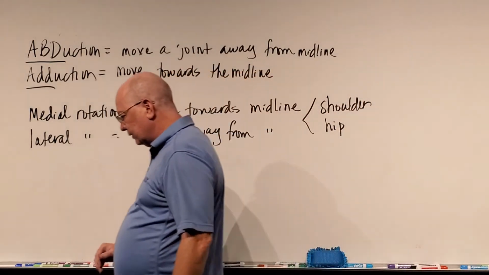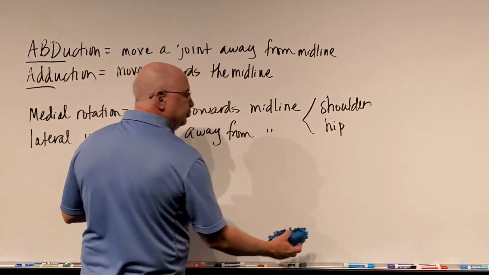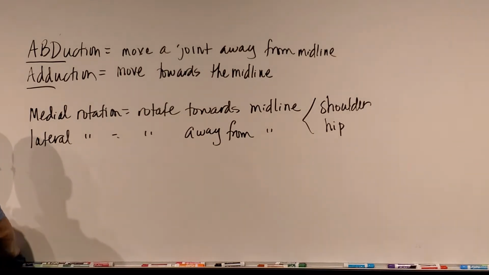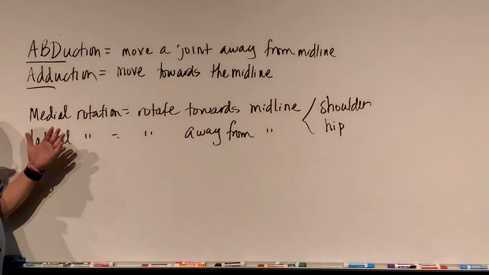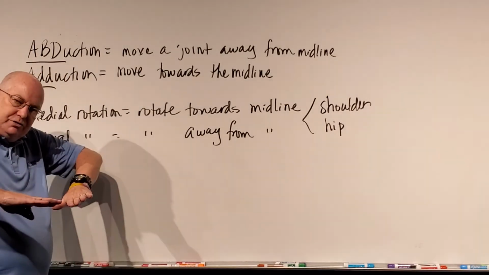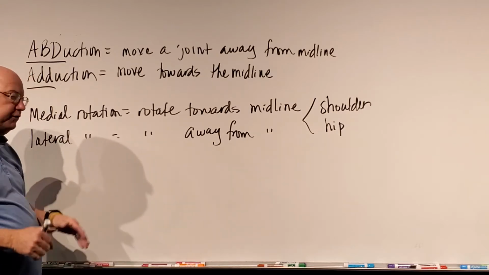Okay? Now, I'm going to skip the next two for a second and I'm going to do inversion and eversion, because inversion is almost the exact same definition as medial rotation. To invert means to rotate towards the midline, and eversion means to rotate away from midline.